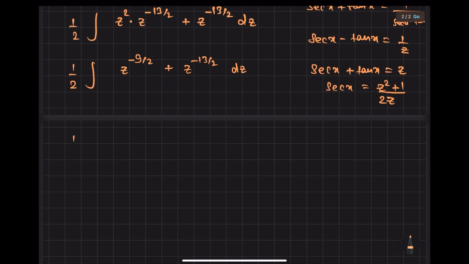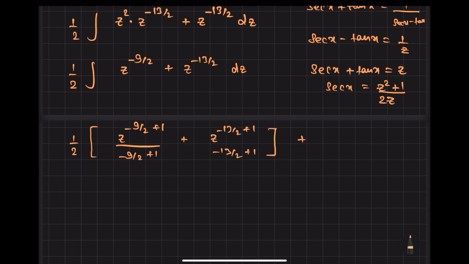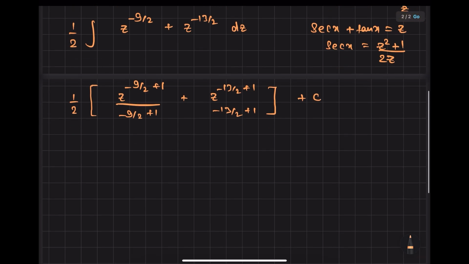Now we will apply the integration concept. So this will become what? The first component will become z power (−9/2 + 1) upon (−9/2 + 1), plus z power (−13/2 + 1) upon (−13/2 + 1), and then the integration constant. Let's write down the final result.